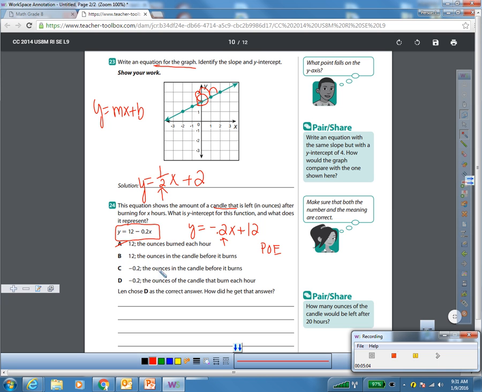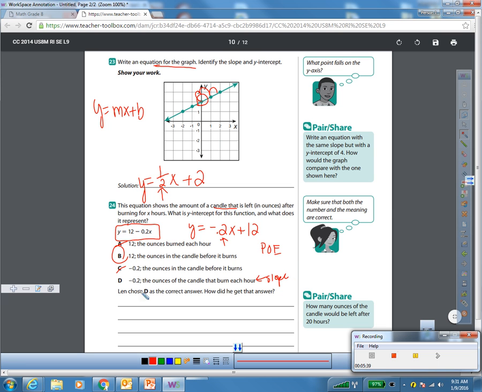Negative 0.2, the ounces in the candle before it burns. No, that doesn't make sense because it's starting out with our initial value of 12. And the last one, negative 0.2, the ounces of the candle that burn each hour. Yeah, 0.2 burns each hour, but that's not our y-intercept. That one is our slope there. So the only one that would make sense in this case would be B.